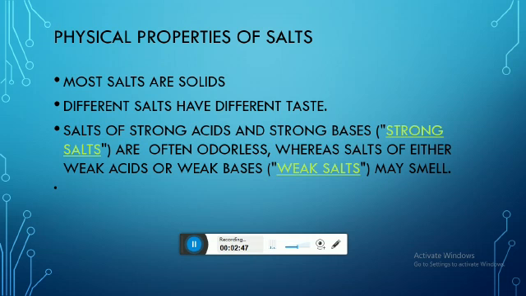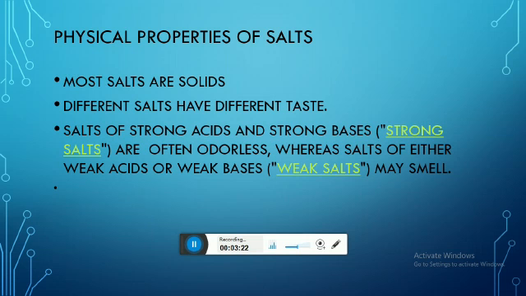Now definitely everything has its own properties. The properties of every substance will be physical properties and chemical properties. In this lecture, we will discuss the physical properties of the salts. Salts are actually solids, so most of the salts are in solid state. Different salts have different taste.